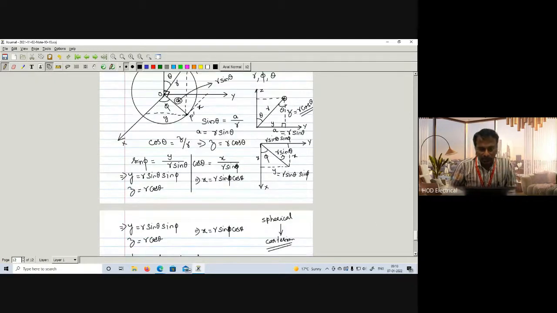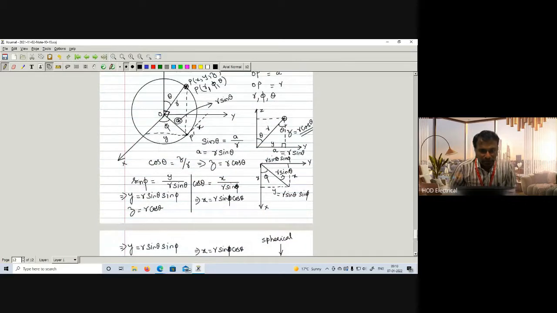Let me check once again. Maybe r theta, this is a mistake I have done. So cos theta is nothing but what? We can write it as r into sine phi. Cos theta equal to y by, yes, z into cos theta is correct.